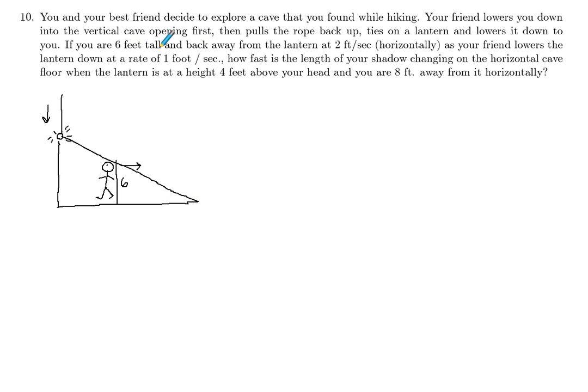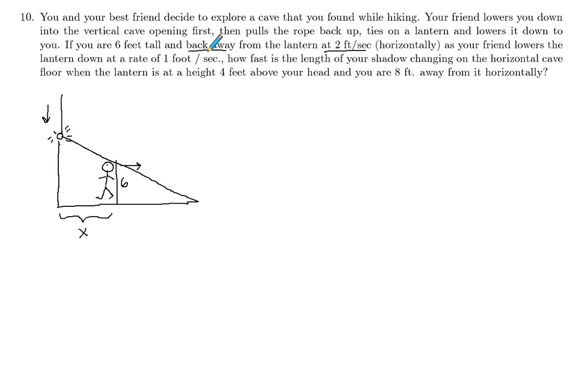So let's see, you're 6 feet tall and you back away from the lantern at 2 feet per second. That's a rate. Okay, so you're backing away, you're moving. And let's go ahead and label some quantities on here. Let the distance that you are from being straight underneath the lantern be x.